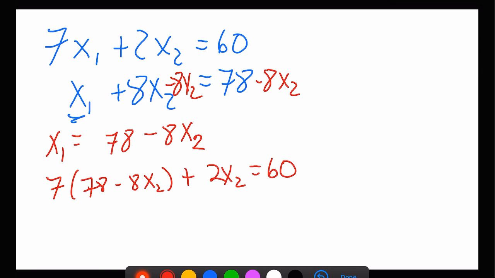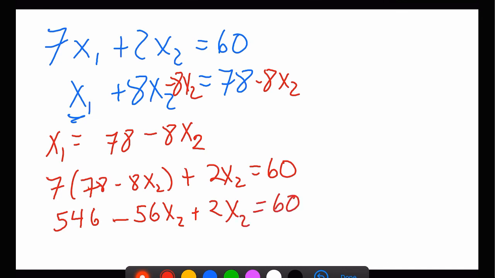No, 7 times 80 is 560, yes? So 7 times 78 would be 546 minus 56x2 plus 2x2 equals 60. Yay. So 546 minus 54x2 equals 60. Do you see that maybe this will work?